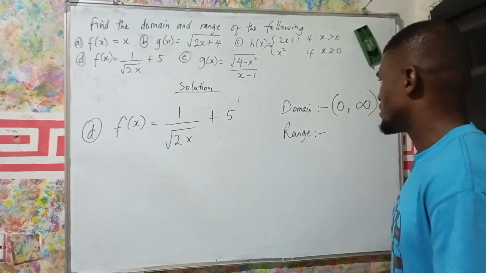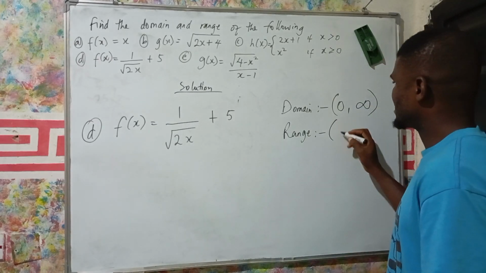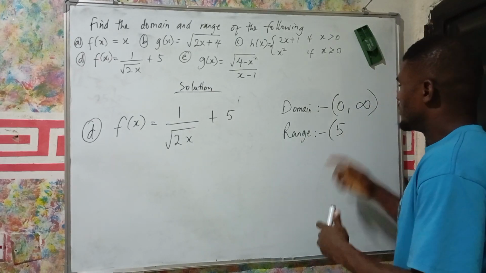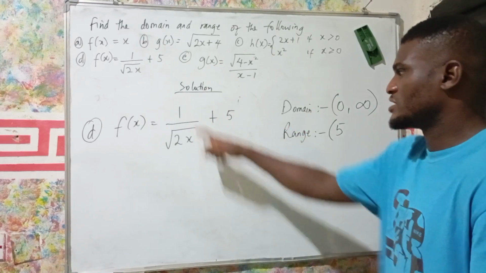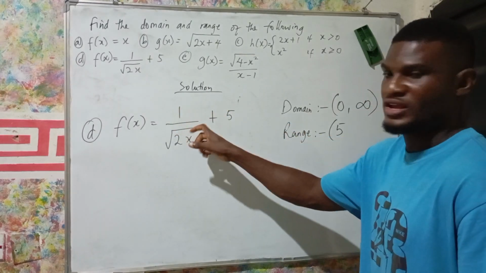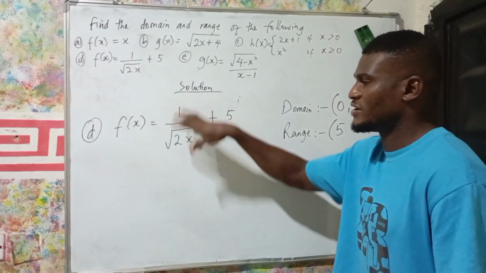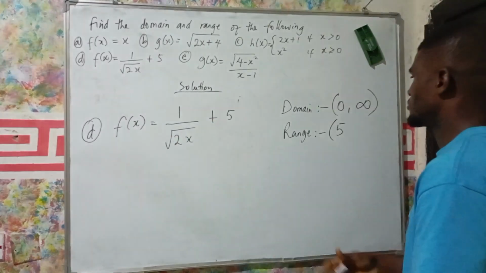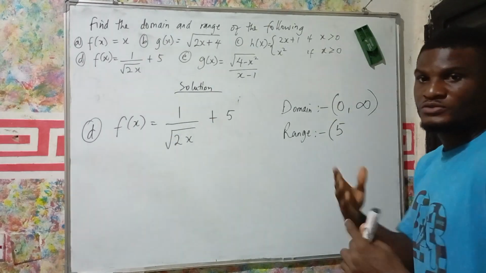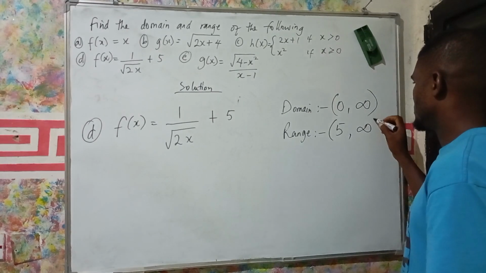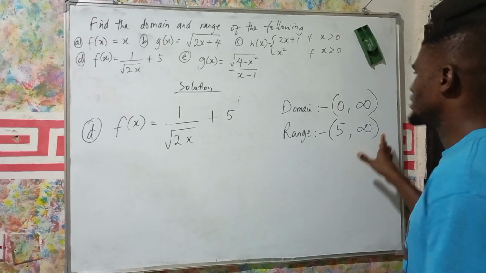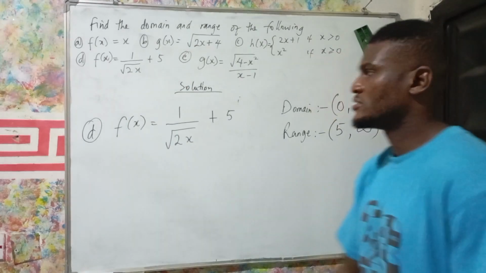So the value here would start from 5, not exactly 5, because there is no way this value will give us 0. There is no way this value can give us 5 exactly. So the value will not include 5, but will start from 5 and increase towards infinity. So that's the range that we can have from this equation.